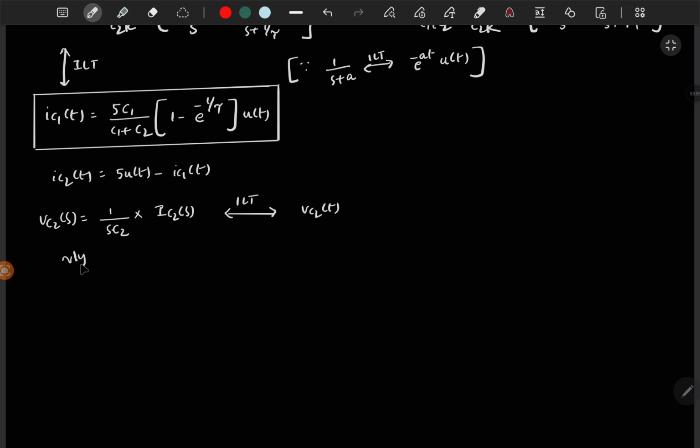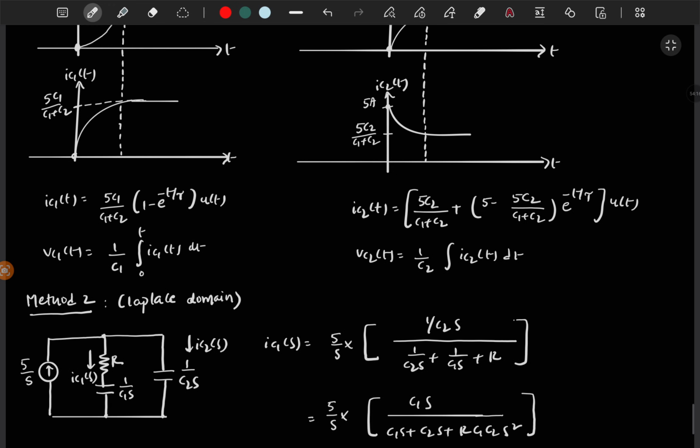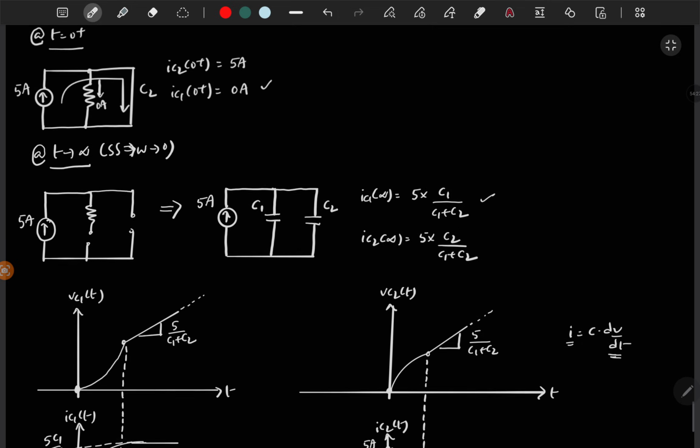And similarly you can find Vc1 of t also. So Vc1 and Vc2 will be some complex equations that are not direct exponentials, right? It is some kind of behavior, and after some point, it is going to a linear value. So that's how this circuit will work.